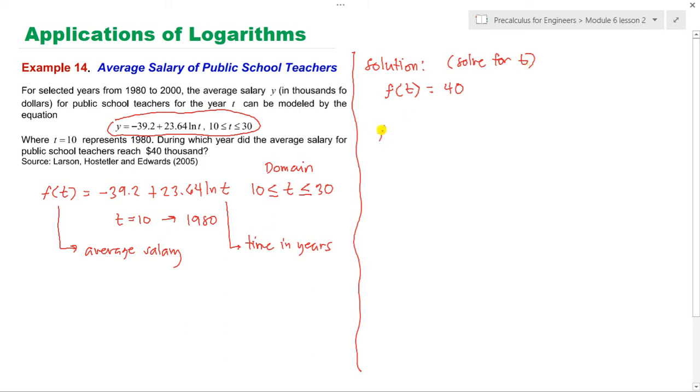So, in our model, that is f of t is equal to negative 39.2 plus 23.64 ln of t. Now, f of t is 40 man, that is 40 is equal to negative 39.2 plus 23.64 ln of t.